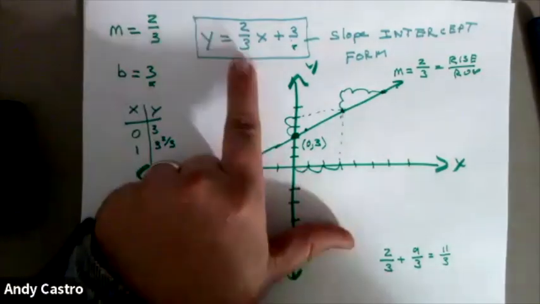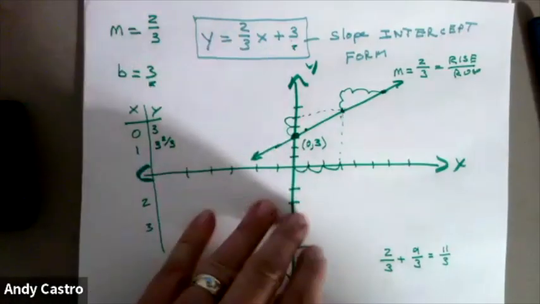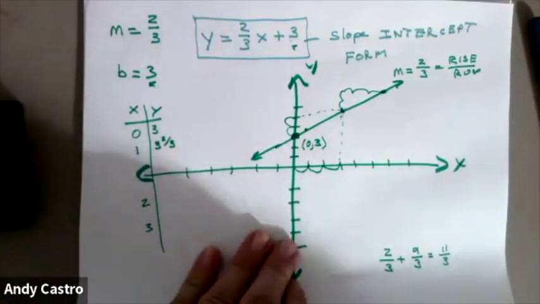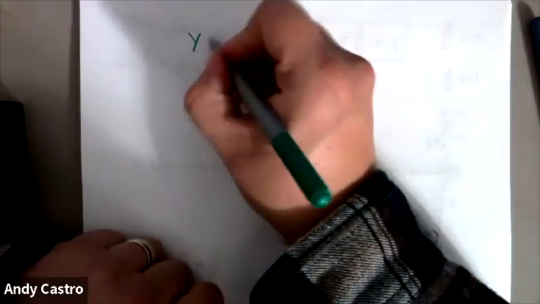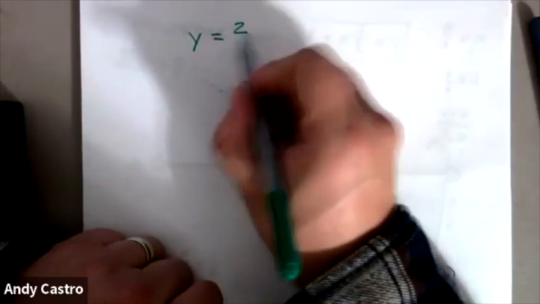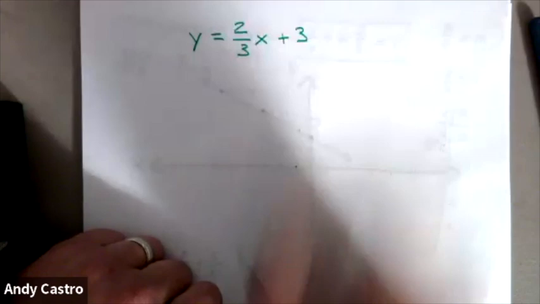So now what I want to do with this equation is I want to convert this equation to standard form. So we have y is equal to 2/3 x plus 3.